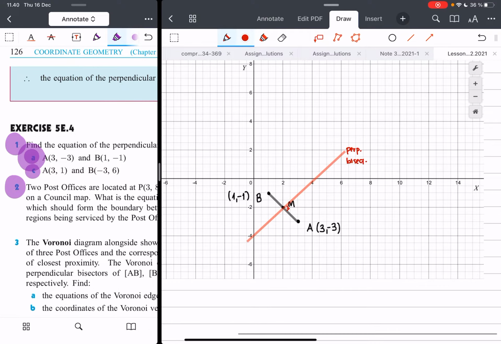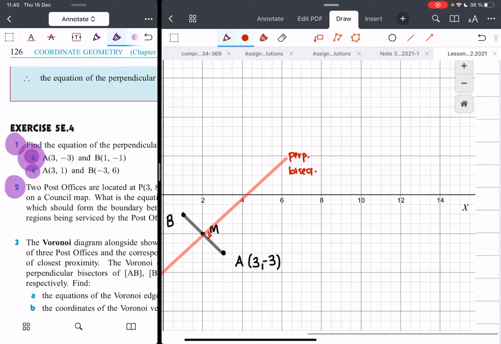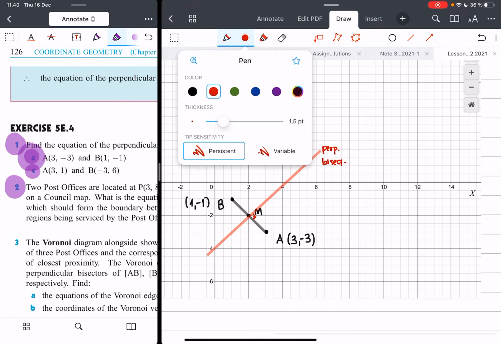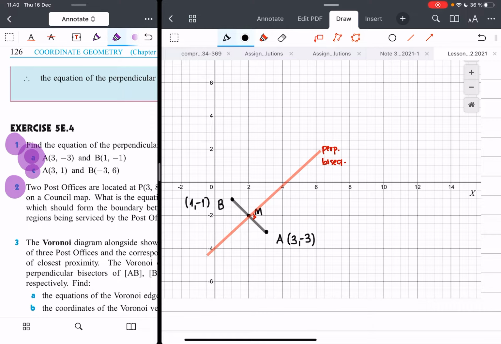In order to find the equation of the perpendicular bisector now, we need to follow those 4 steps that I'm going to list. Step 1 is you need to find the coordinates of the midpoint. The coordinates of a midpoint are given when you add the x coordinates and divide by 2, and when you add the y coordinates and you divide by 2.